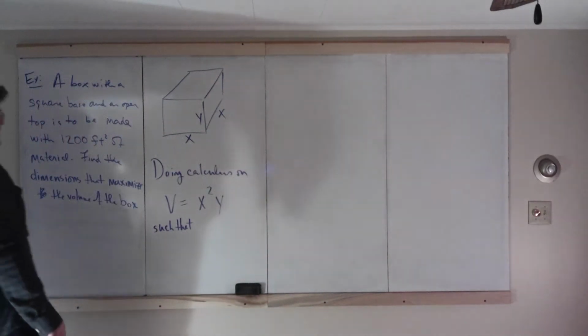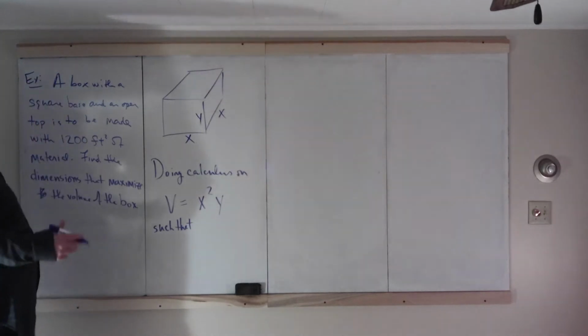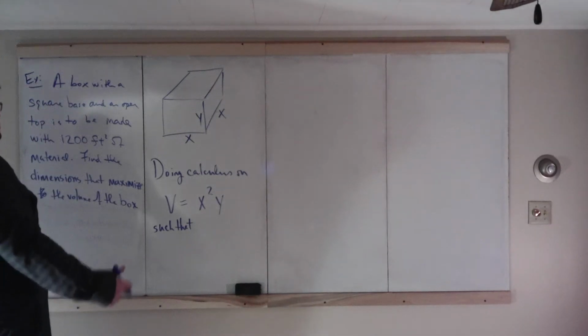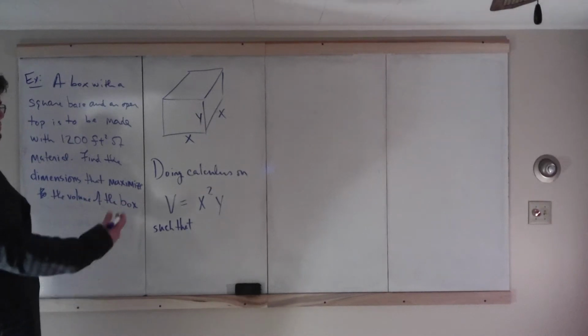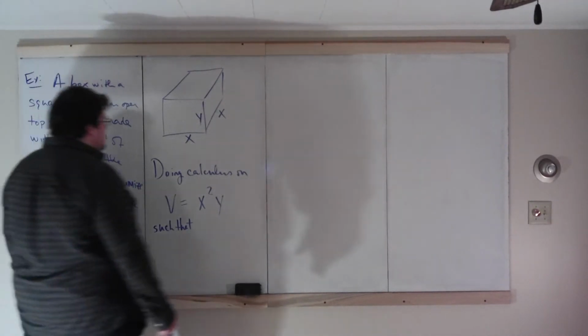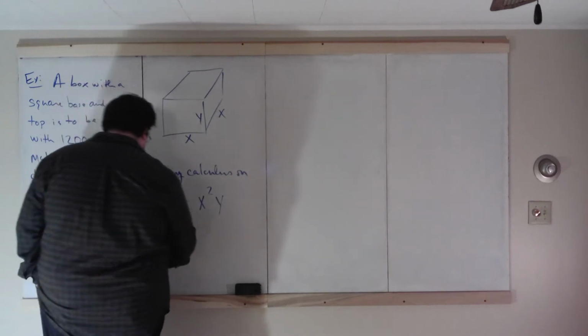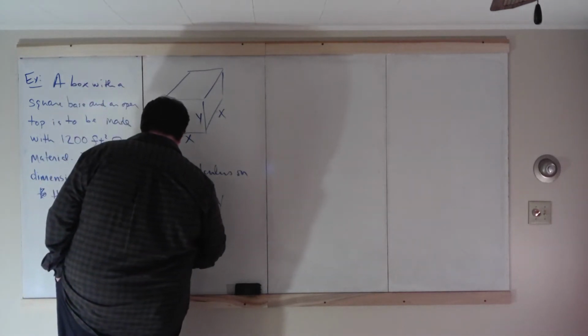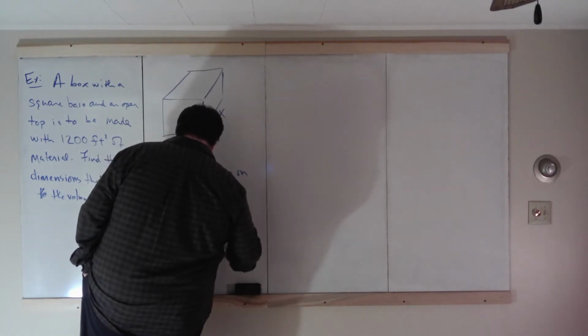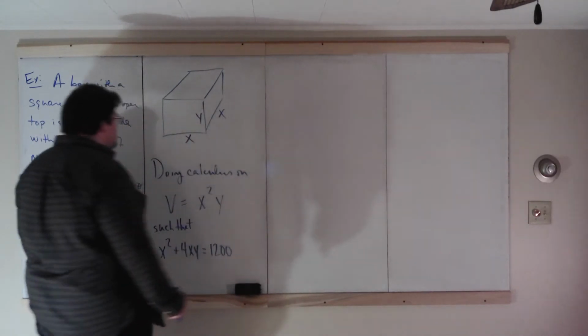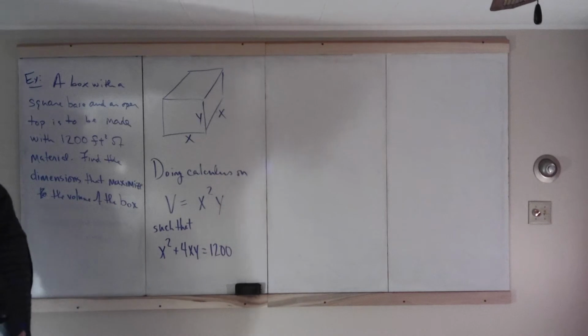We're doing calculus on this function. This other equation is called a constraint. So you could phrase it as we have a function such that, given a relation between x and y, such that x squared plus 4xy is 1,200.